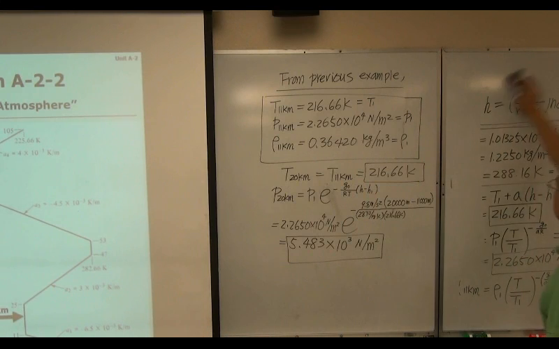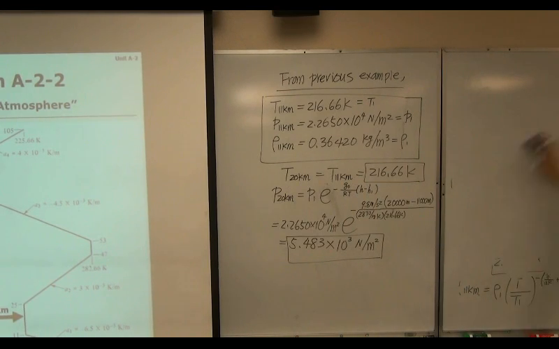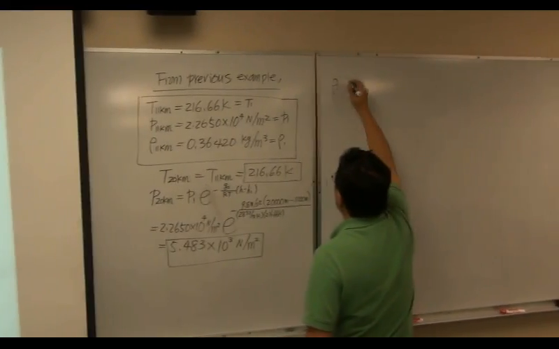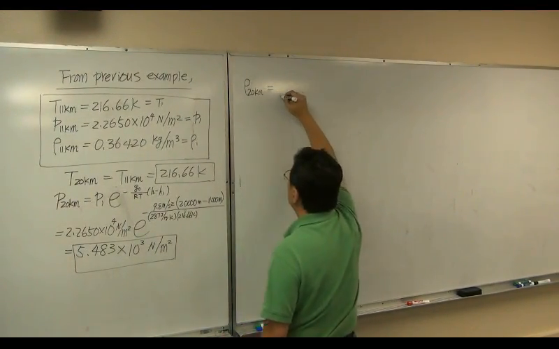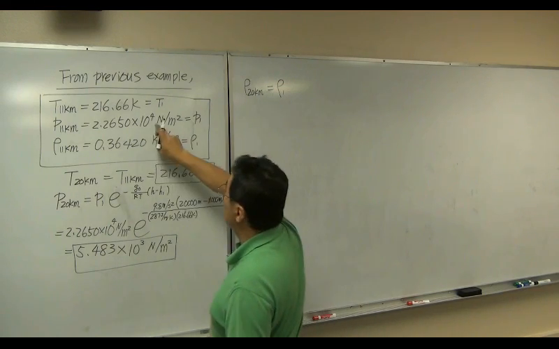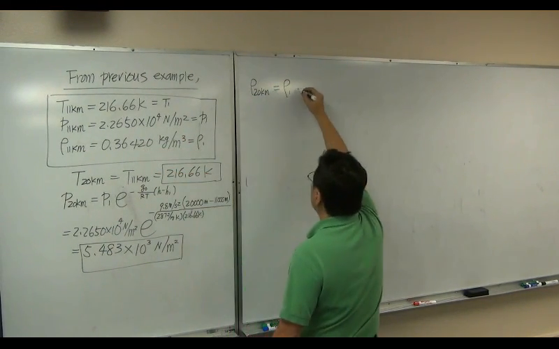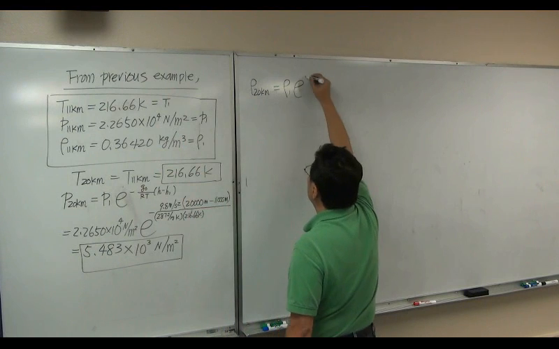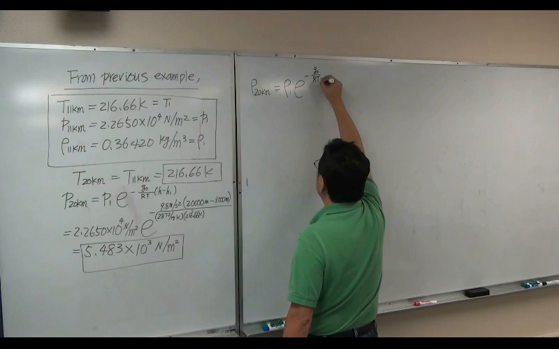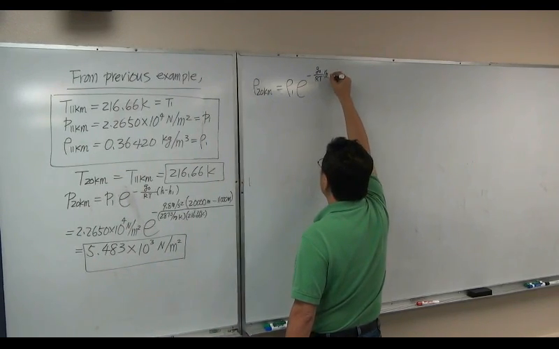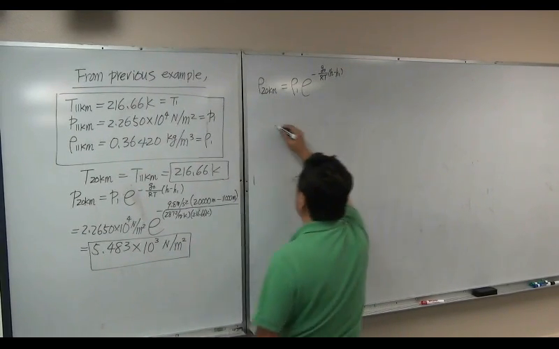Next is the density. Density at the 20 kilometer altitude is rho 1, which is essentially this, times exponential of the same thing, minus g0 over RT, times H minus H1.